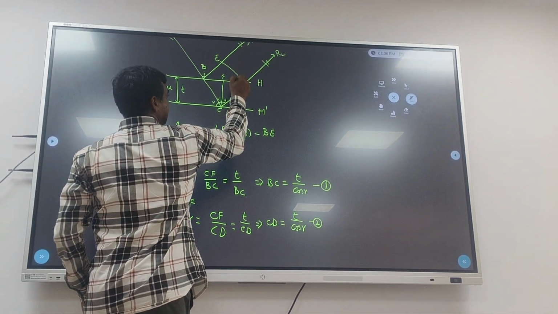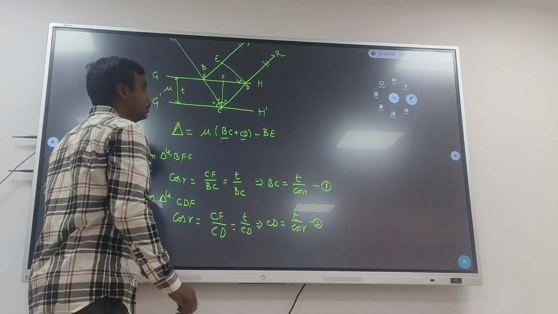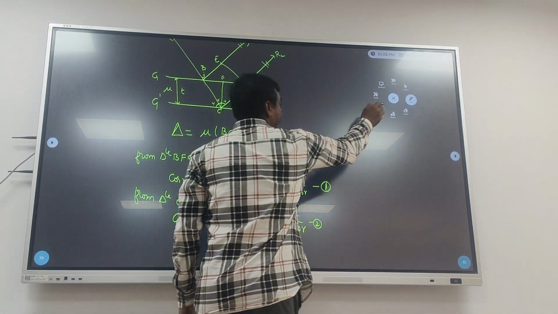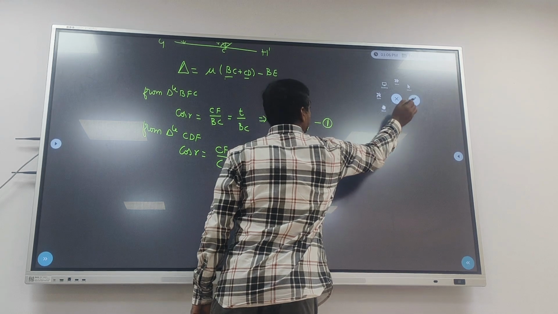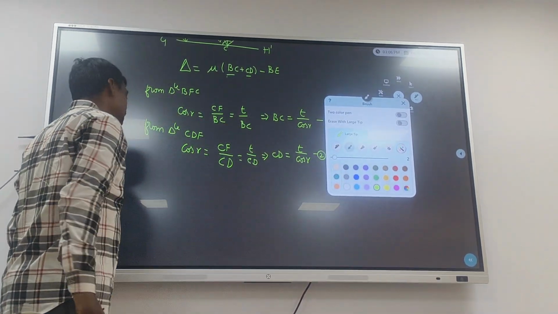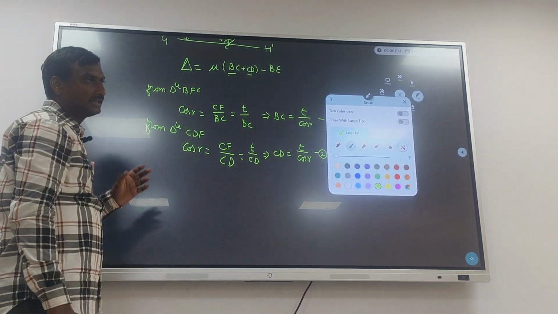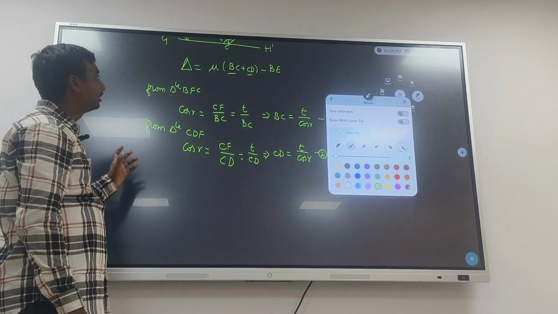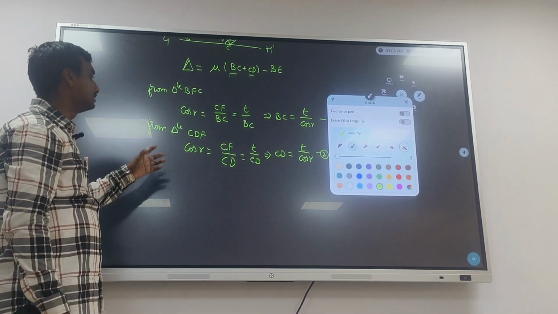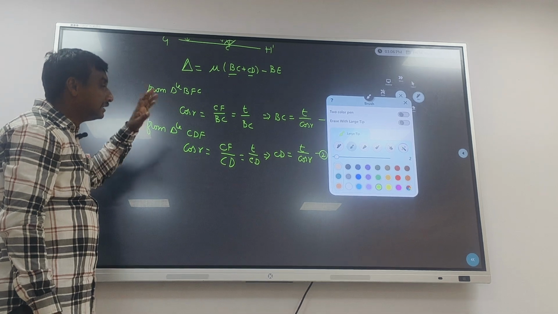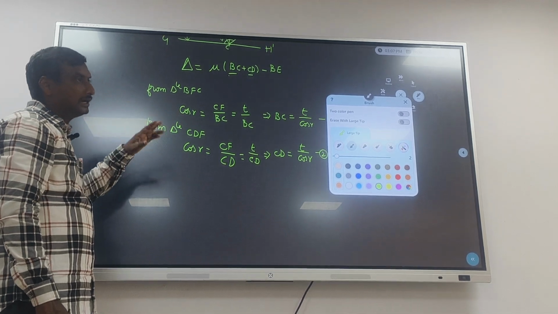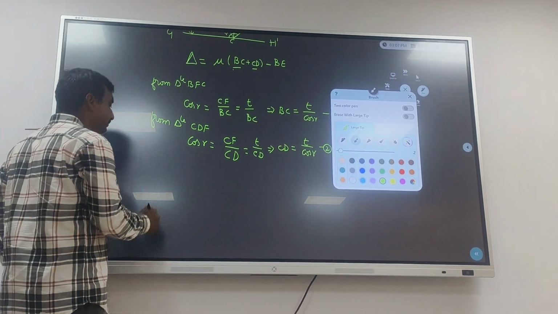This is the incident angle. So here we have to find the BE value. For that, remember this thing: the refractive angle is always considered in cos values, and the incident angle is always in the form of sine.